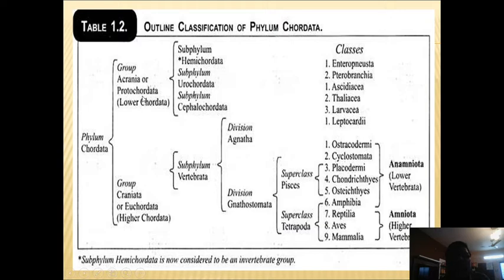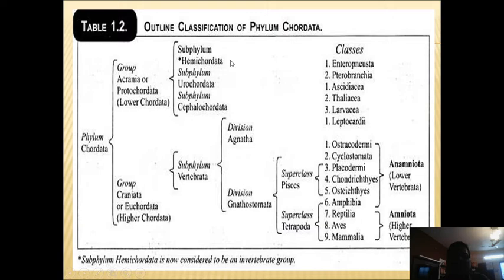These protochordates are again divided into three subphyla: Hemichordata, Urochordata and Cephalochordata. But Hemichordata is considered a subphylum of the invertebrates, not the chordates. Here hemi means half.